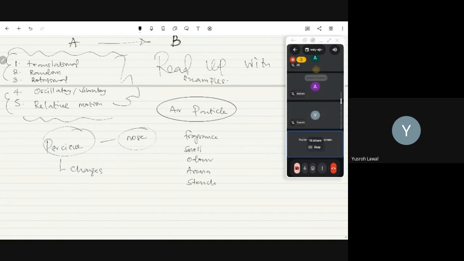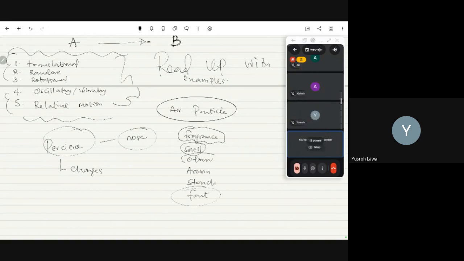Fragrance is pleasant to the nose. When you smell it, you would appreciate it. Smell can be either good or bad. So when you fart, that one is a bad smell.